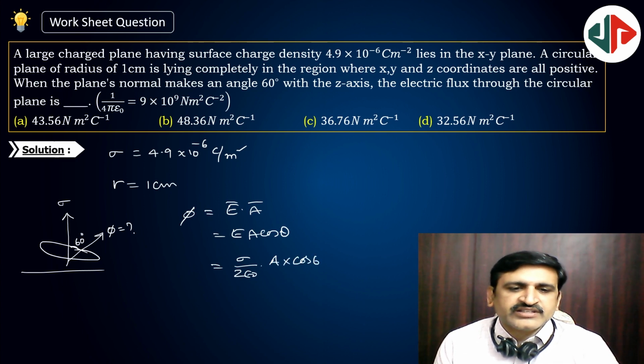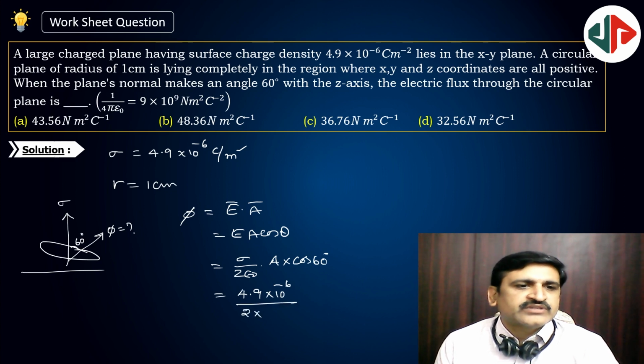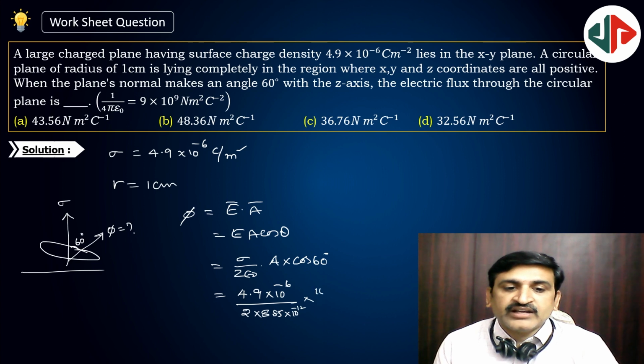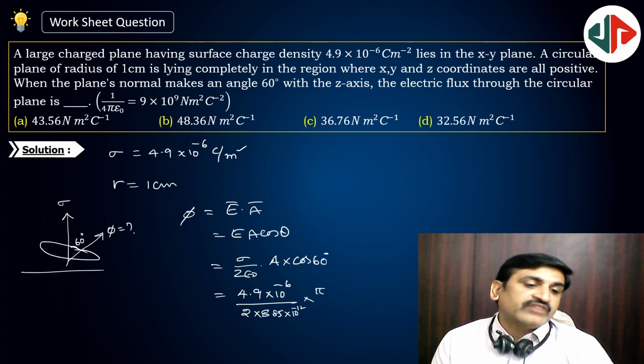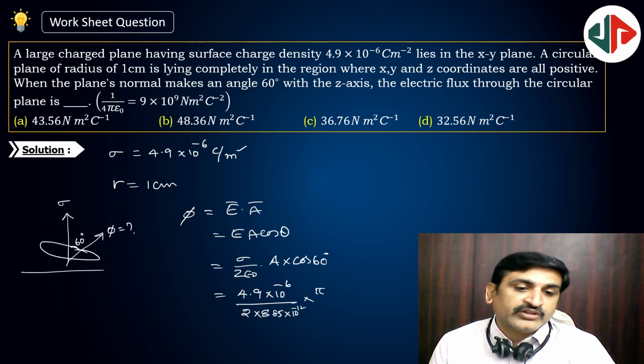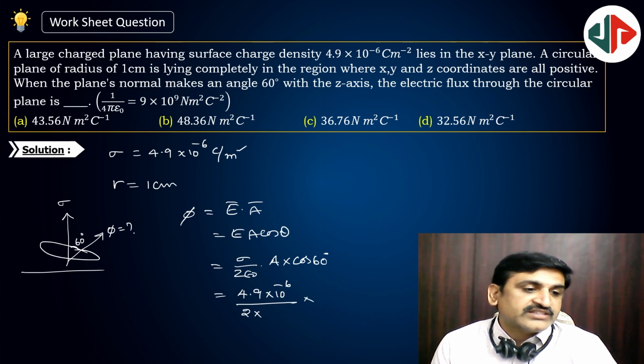into cos 60. So that is equal to sigma value 4.9 into 10 to the power of minus 6 by 2 into epsilon naught value, 8.85 into 10 to the power of minus 12, into area pi r square. Anyhow, in the numerator pi is there, so epsilon naught can be written like this, which will be easy for us. 1 by 4 pi epsilon naught is equal to 9 into 10 to the power of 9.